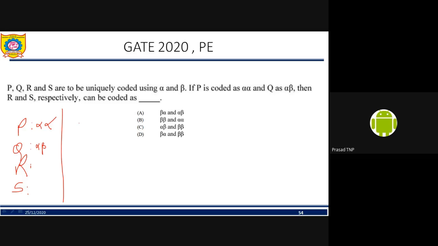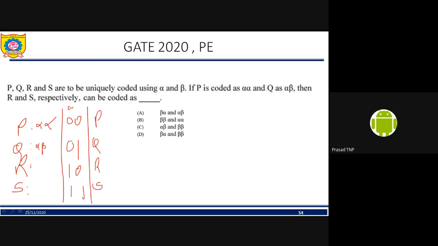For example, there are 2 codes, 2 numbers, for example 0 and 1 in binary. So here we have to code the 4 things P, Q, R, S. For P using 0 and 1, we can code as 0 0. Q is 0 1, then 1 0 and 1 1.